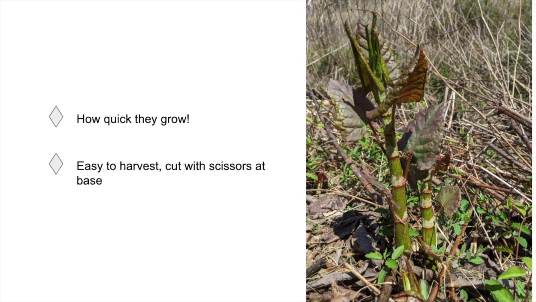Knotweed grows very quickly. It is amazing how quickly knotweed grows. It can grow inches in a day. The picture right here of these shoots, I took them, let's see, 3 or 4 days before I took this picture, those shoots were just popping out of the ground.